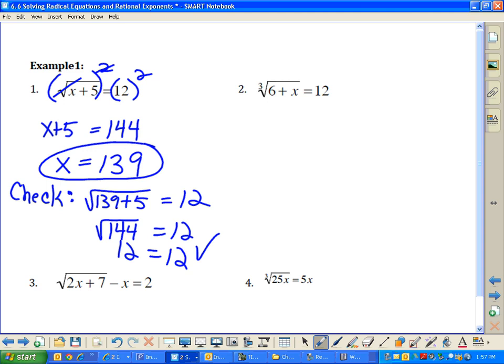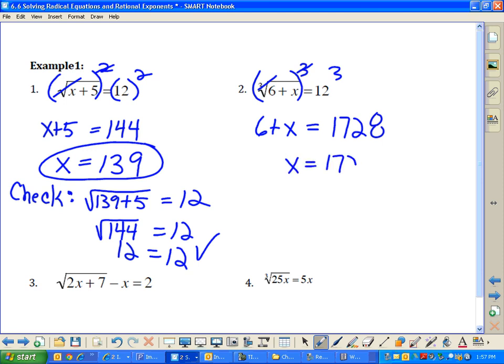This time around, my index is 3, which means I have to actually cube both sides to get that radical to go away. The radical went away. So we have 6 plus x equals 1,728. I subtract 6 from both sides, 1,722. Now I'm going to check it.